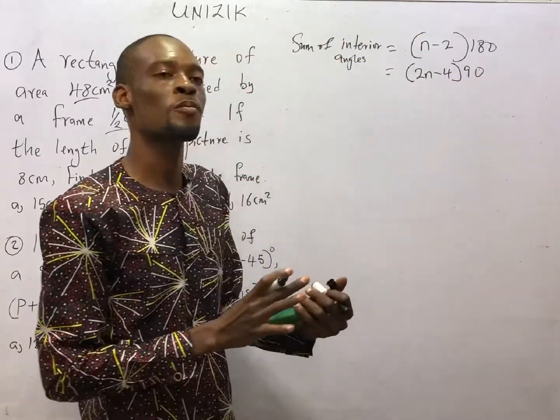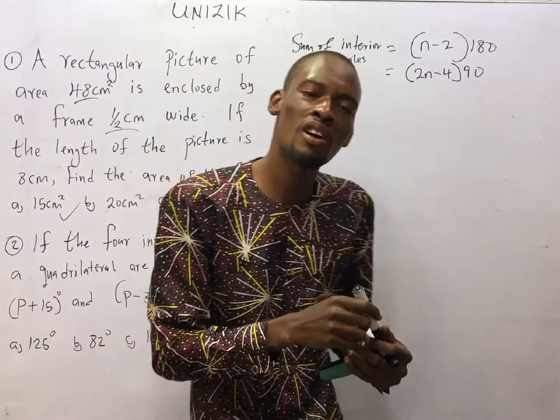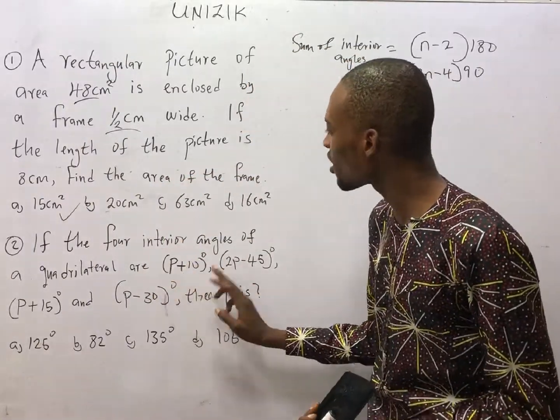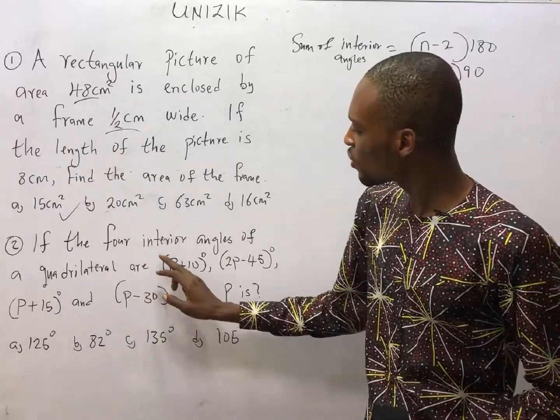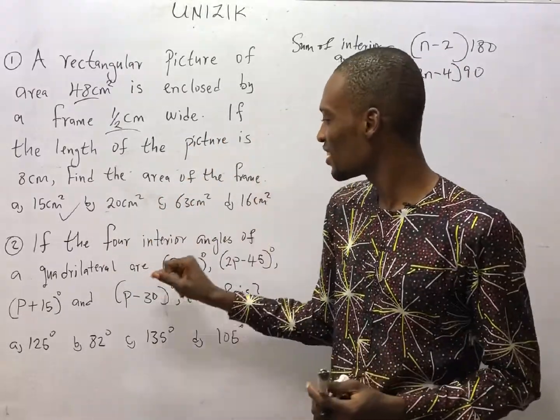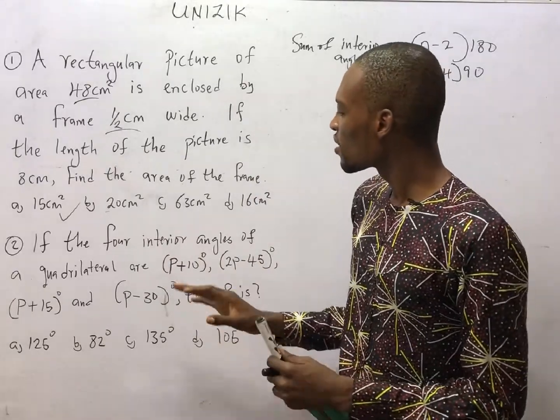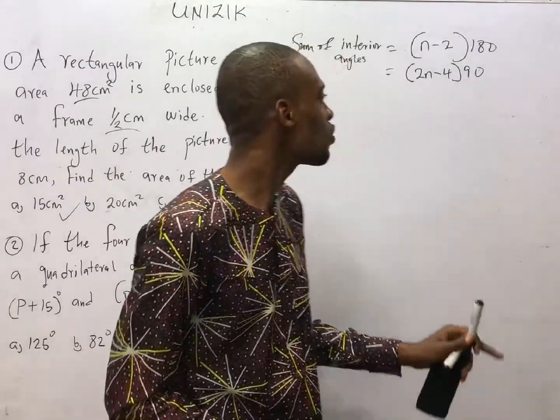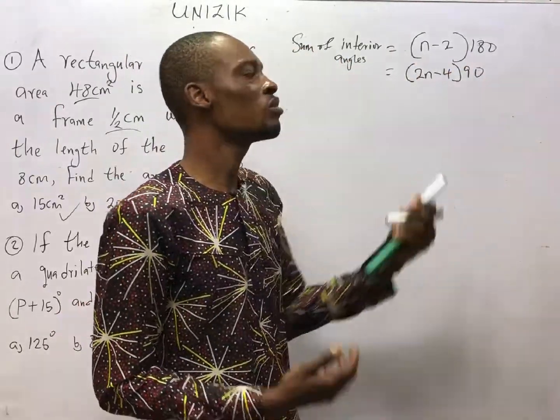They are the same. Now, they are giving us the interior angles already. Since we have a quadrilateral which is 4 sides, then 4 angles. The sum of the interior angles 1, 2, 3, 4 is simply equals n minus 2 times 180.